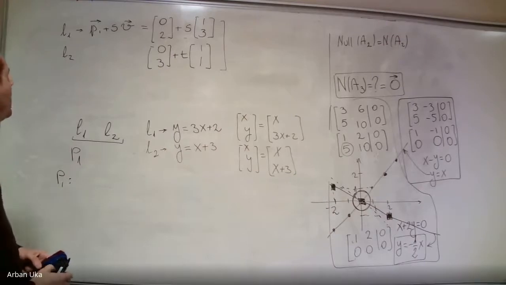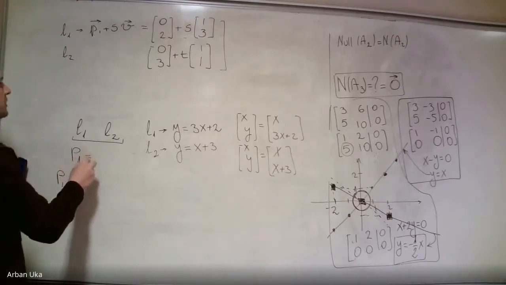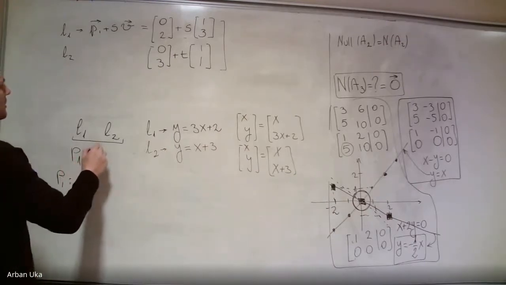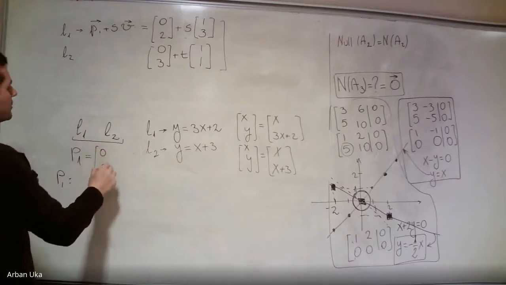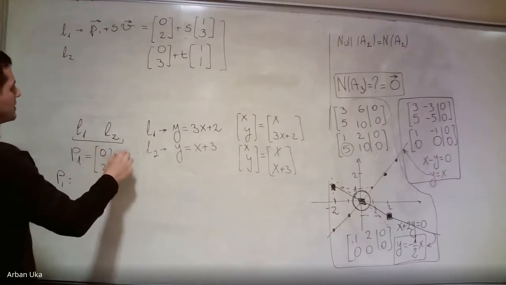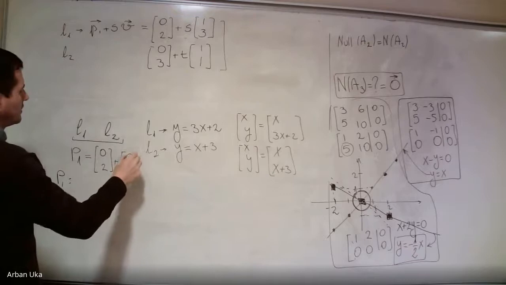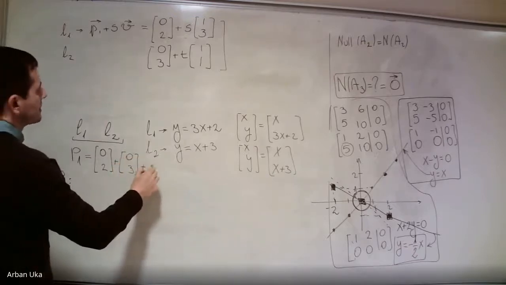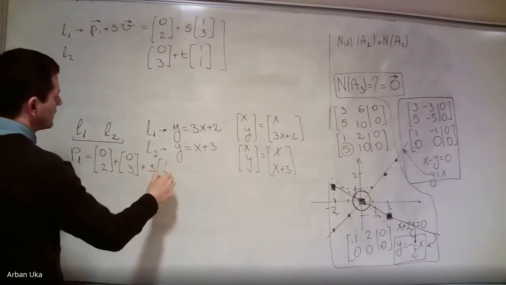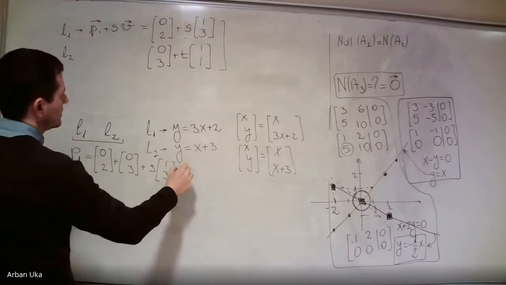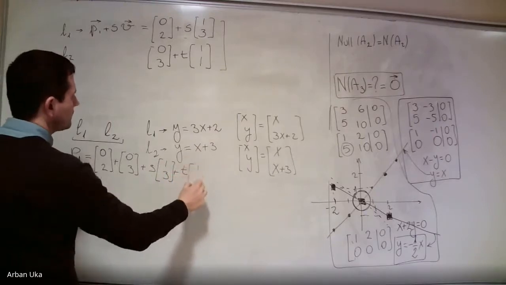So we're saying that the plane P1 would be equal to (0, 2) plus s times (1, 3) plus t times (1, 1), right?